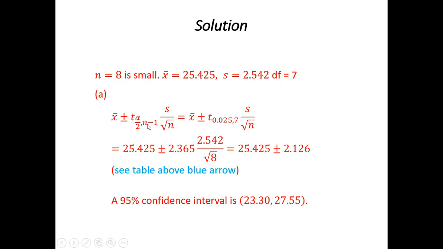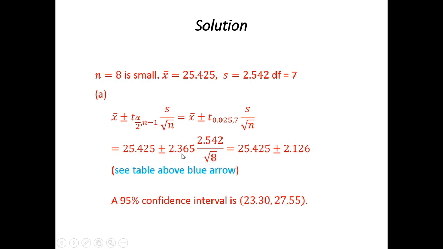So here's our formula for our confidence interval. Notice we're using the t distribution. So I get my x bar, plus or minus this value coming from the table, 2.542, that's our sample standard deviation, over the square root of 8.